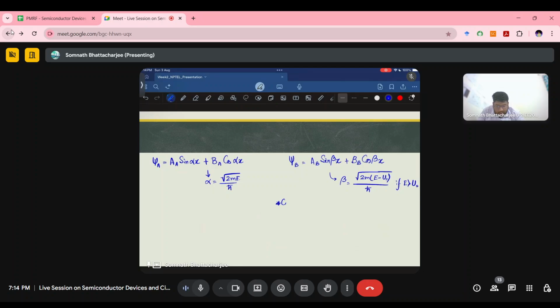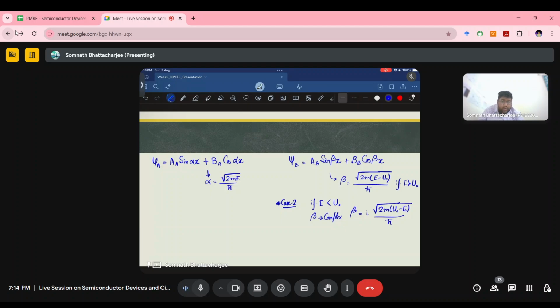There will be another case, right? So case 2 will be if E is less than U naught, that is if beta is complex, then what will happen? The value of beta in that case will be i multiplied by root over 2m(U naught minus E), as U naught is greater than E, divided by h cut.